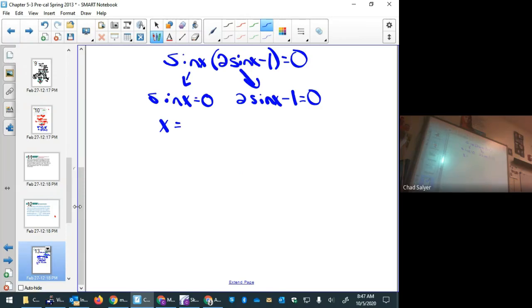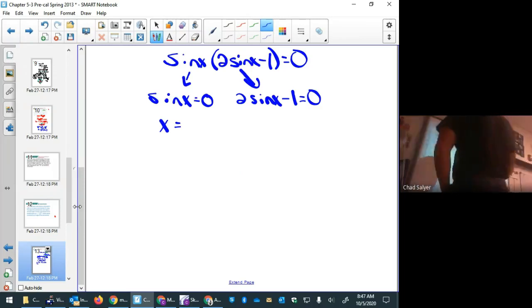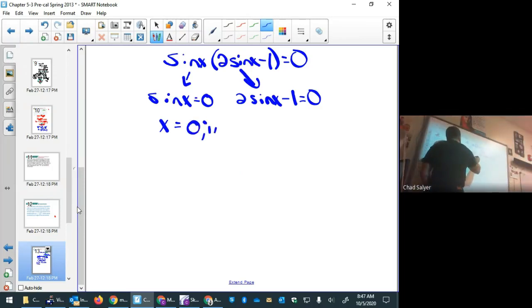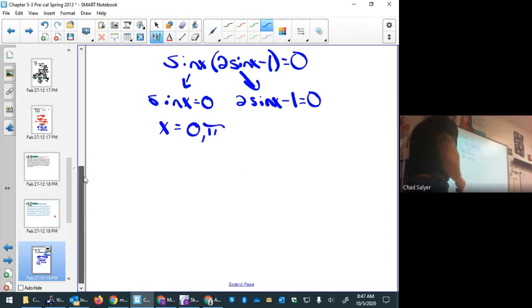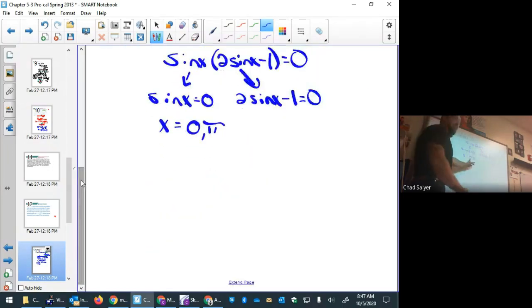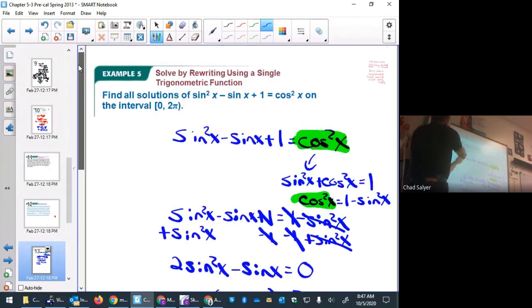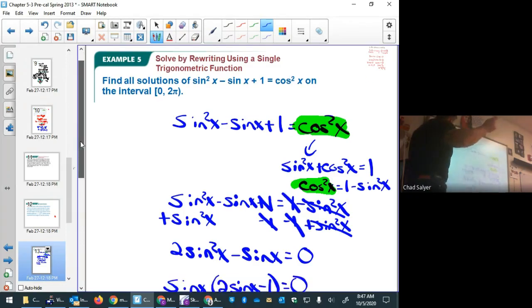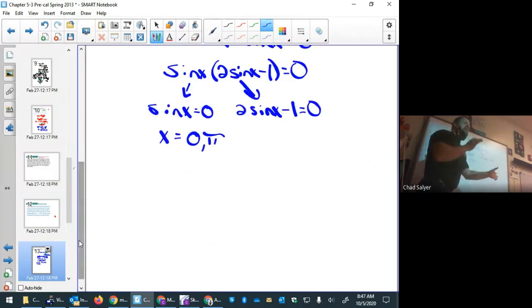And then also where? Pi. 0 and pi. It's getting a lot better. You guys are starting to get a feel for it. So 2 pi is another way to say this. But the reason why I use 0 instead of 2 pi is only 0 is included here. 2 pi is not. You were right in general, but with regard to this specific problem, we want to use 0.